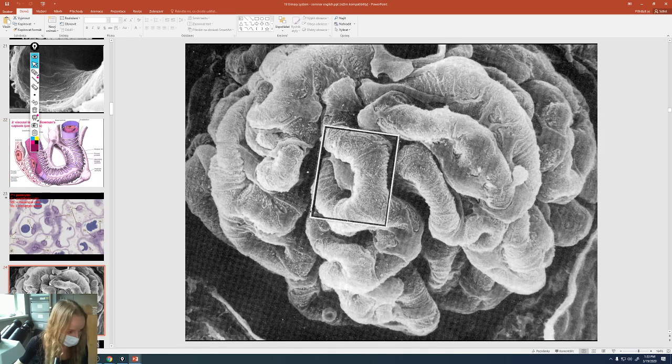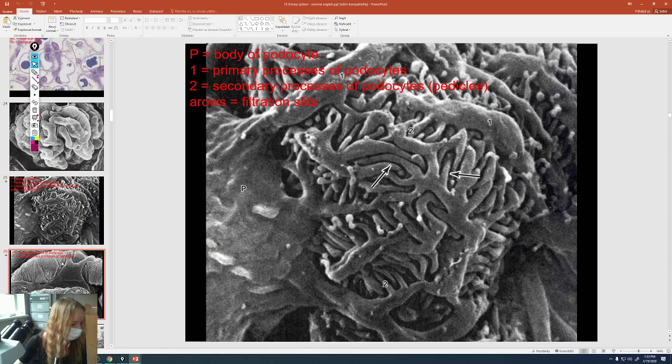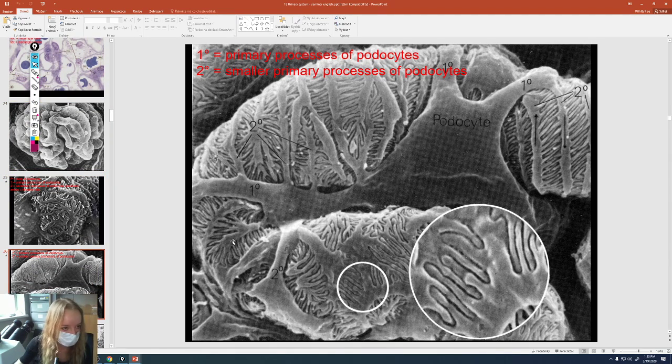This picture is at higher magnification. This is the podocyte with the nucleus. These are the primary processes right here, and these small ones are secondary processes, the pedicels. And you can imagine it like that.